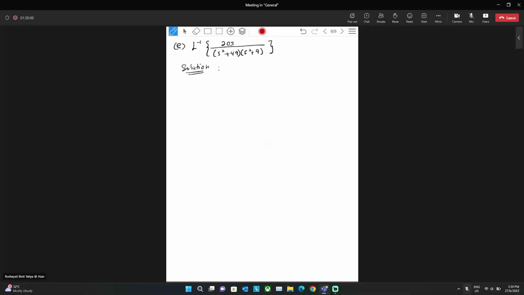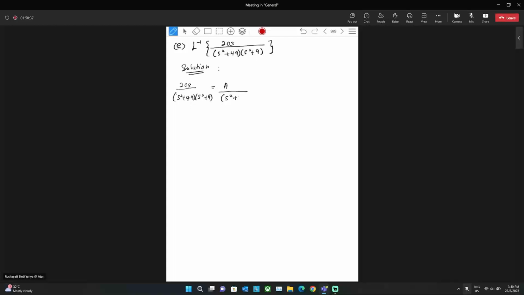For E, we start with 20s over (s squared plus 49)(s squared plus 9) equal to, okay, how can we convert? What should we have on our right hand side?